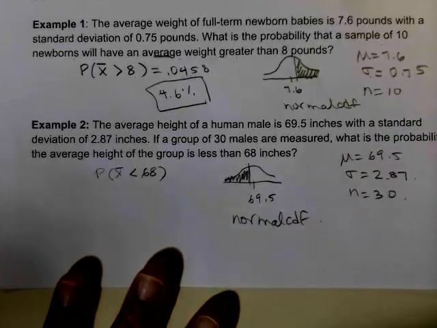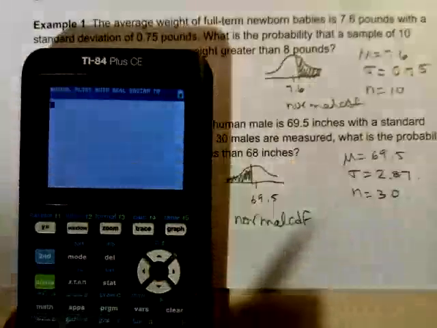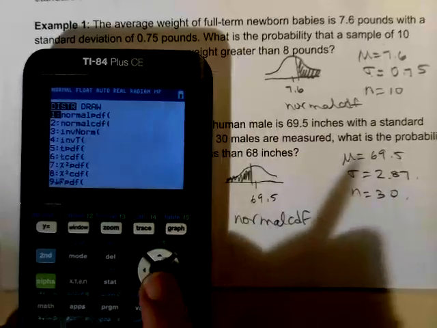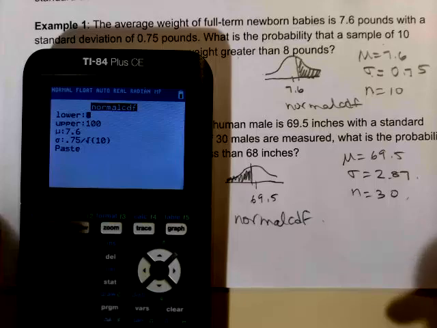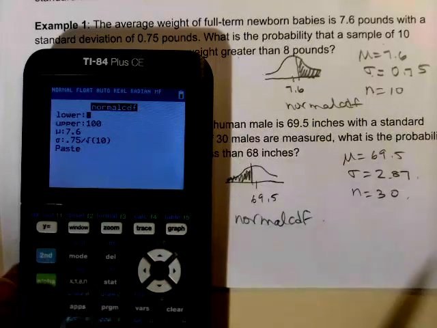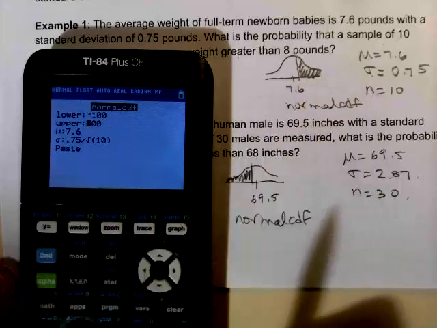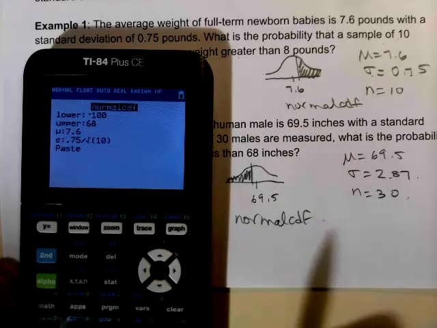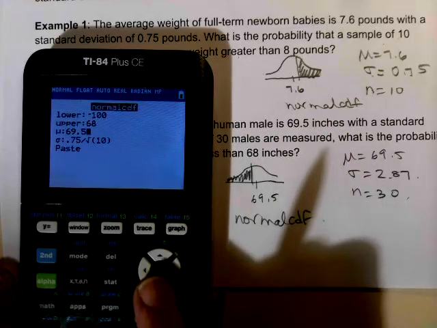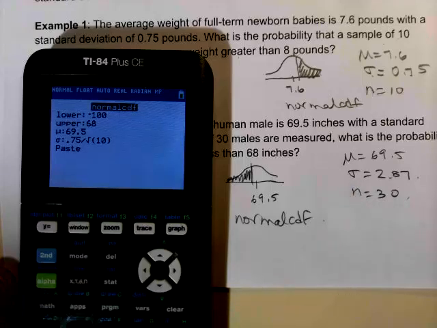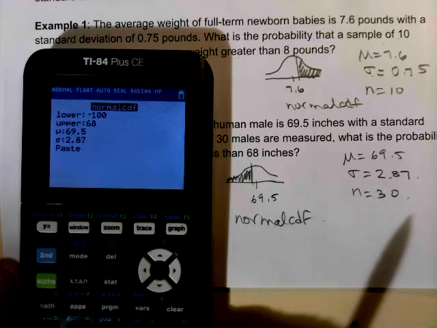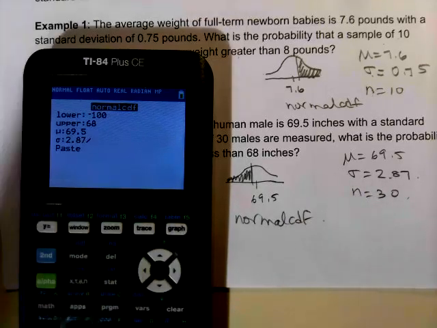Grab your calculators. Distribution, normal CDF. I need negative infinity, so negative 100 is fine. My upper limit, I'm stopping at 68. My mu is 69.5. My sigma is 2.87, divided by the square root of 30, because again, I'm talking about what's the chance that this group of 30 men has an average that's less than 68 inches.